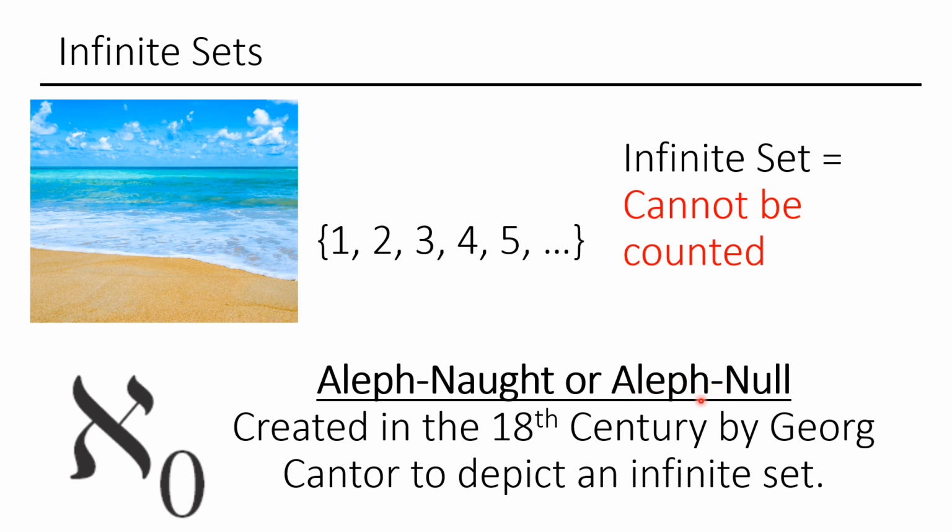They'll tell you to write it in all caps, ALEPH NULL, and it'll tell you that specifically. So anytime you're asked to give the count or cardinality of a set, and the answer is that it's an infinite set, then that's going to be your answer, Aleph null. The reason is because that's how you would describe an infinite set.